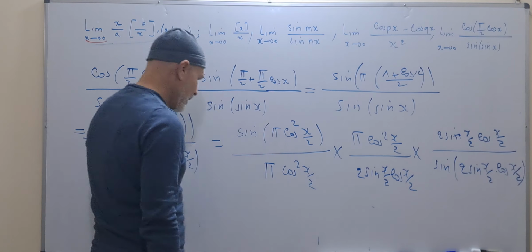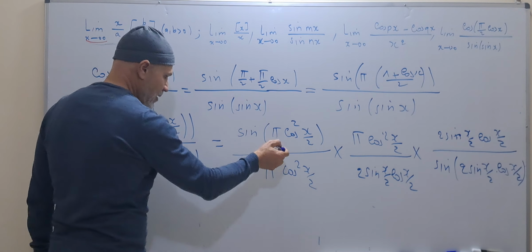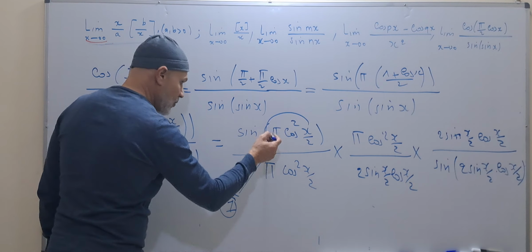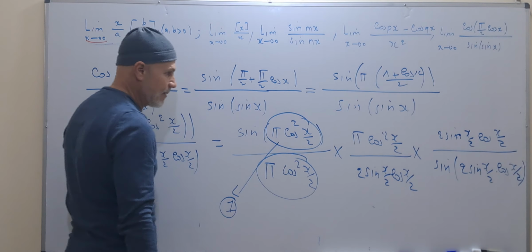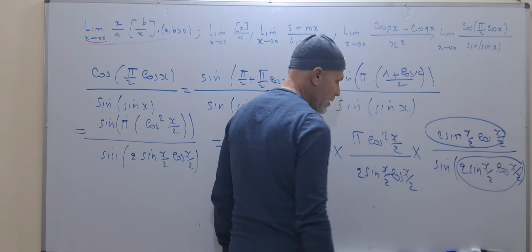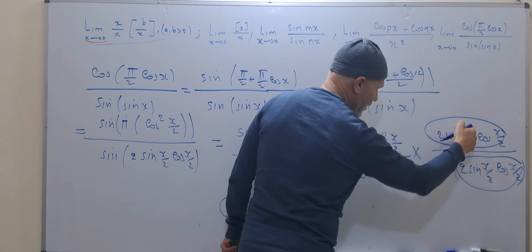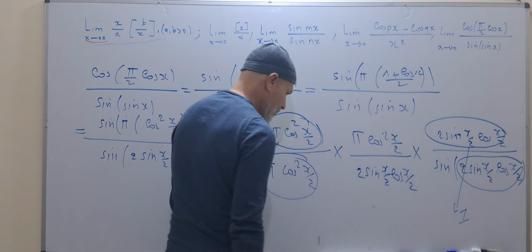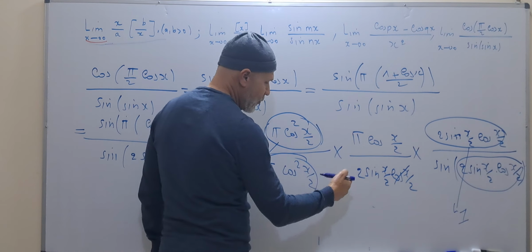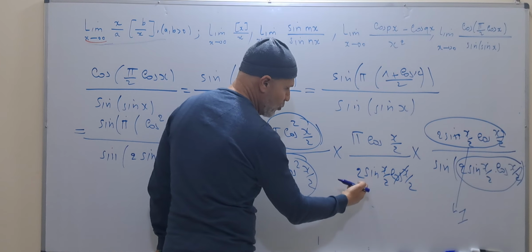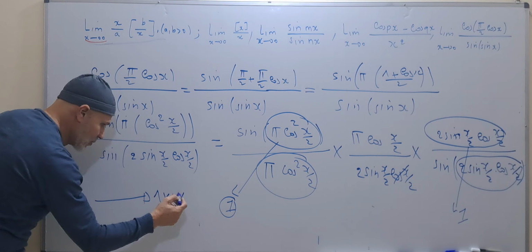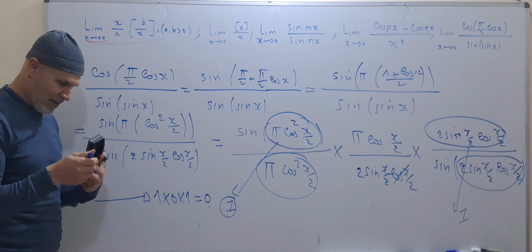Here we have the famous formula: when x goes to 0, this goes to 0, so this goes to 1, because this is exactly this expression. Here the square will be considered with this one, and when x goes to 0, this goes to 0, and this goes to 2, so the final limit of this is actually 1 times 0 times 1, which is equal to 0. This finishes this quick video.